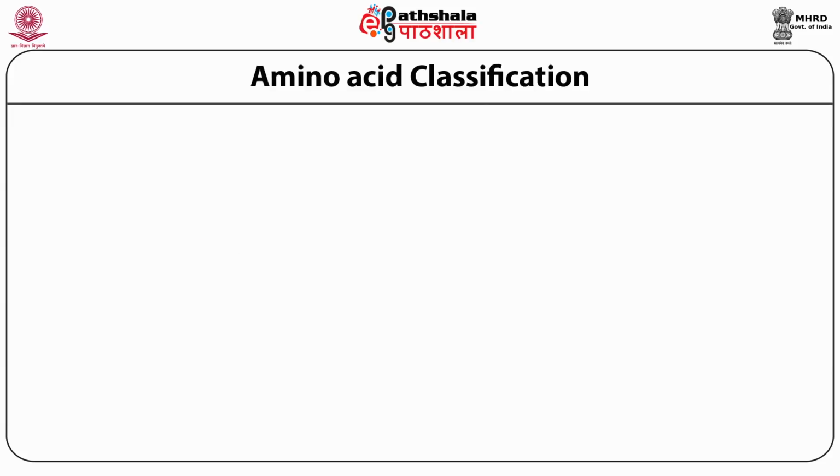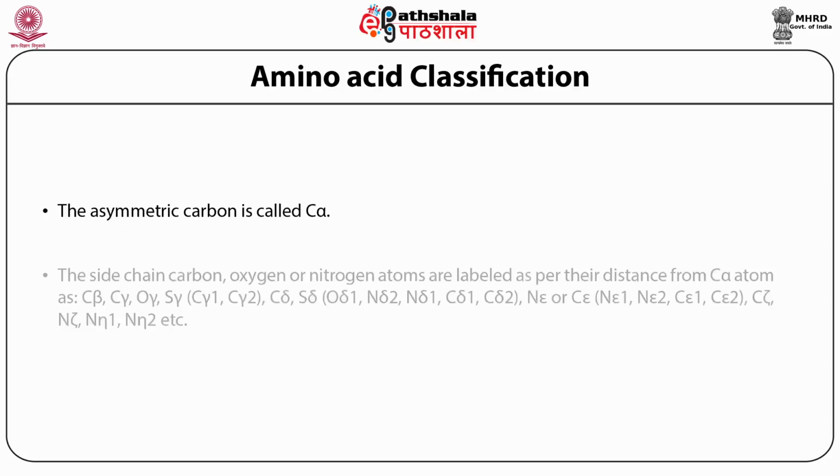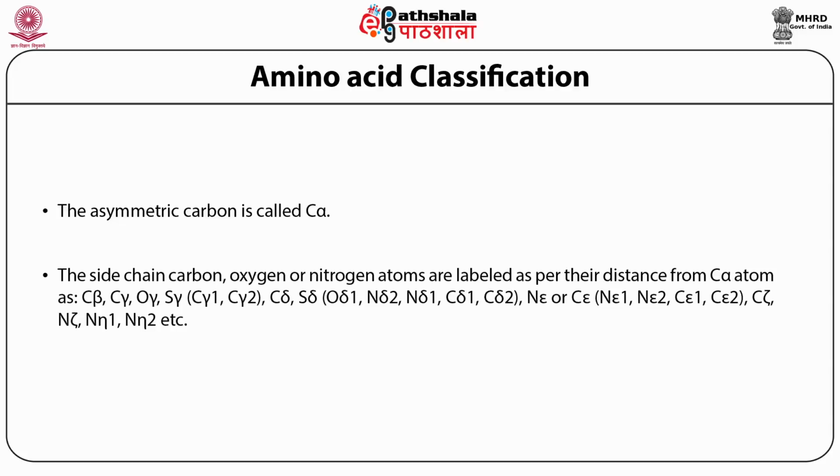IUPAC nomenclature for the amino acids. The asymmetric carbon is called C alpha. The side chain carbon or oxygen or nitrogen atoms are labeled as per their distances from the C alpha atom.